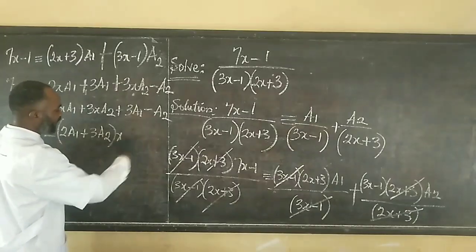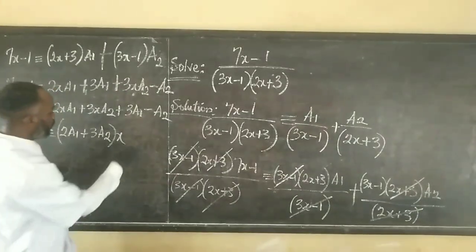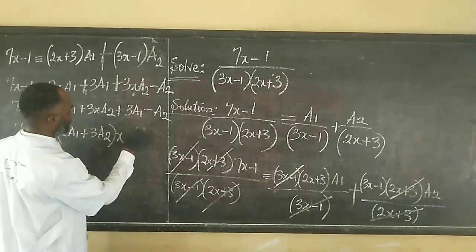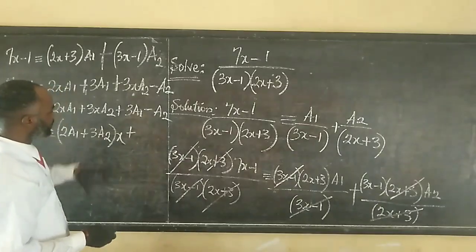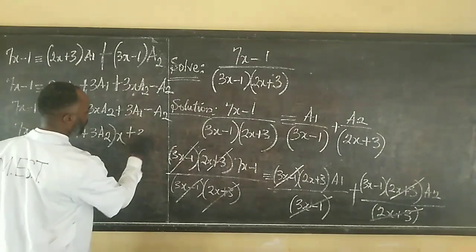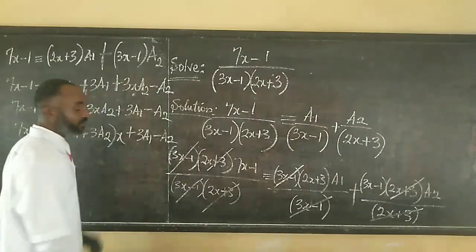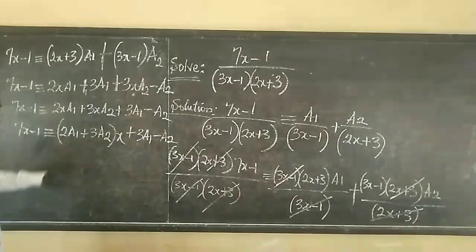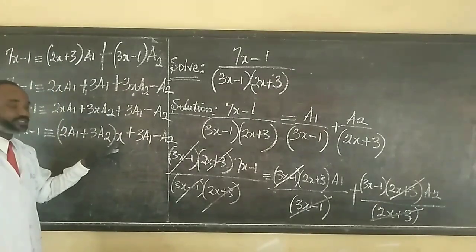What will be outside is x. Good. What next? We look at this. Put our big plus sign. We don't have much problem here, so we have just 3A1 minus A2. Good. So we have collected like terms. We have simplified further, and we got this.